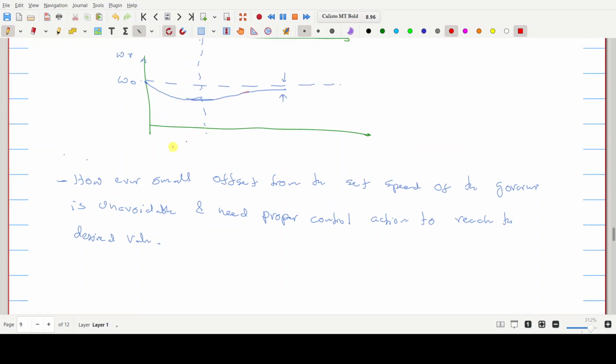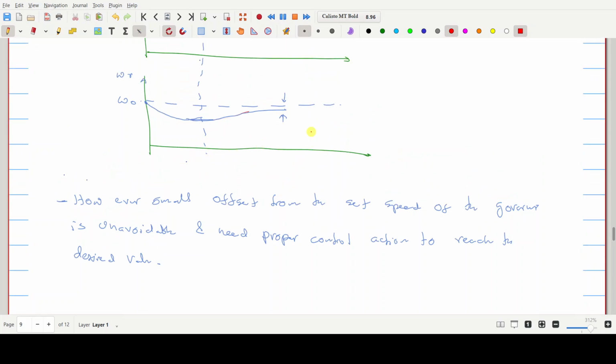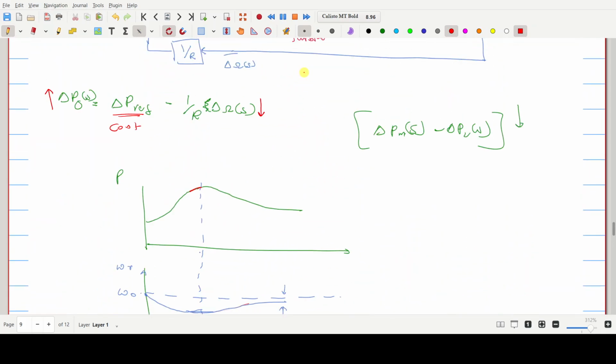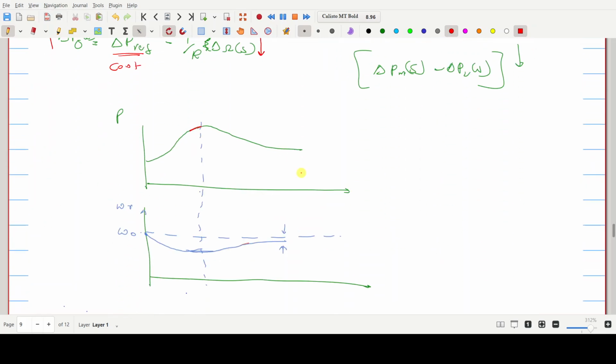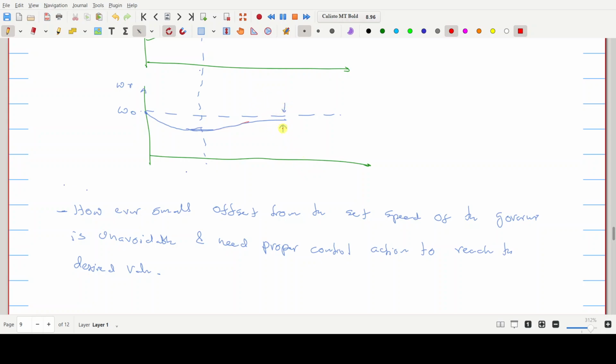But however, there will be a small offset from the set speed of the governor, and this is unavoidable, and so you need a proper control action to reach the desired value. So if you have this control implemented, there will be an unavoidable offset, right? It will not come back to omega 0.